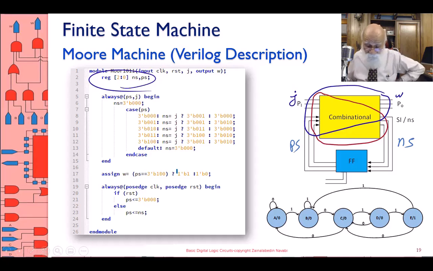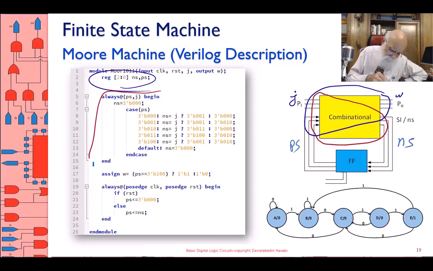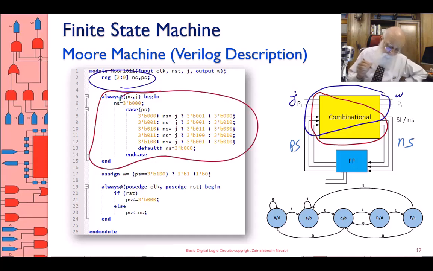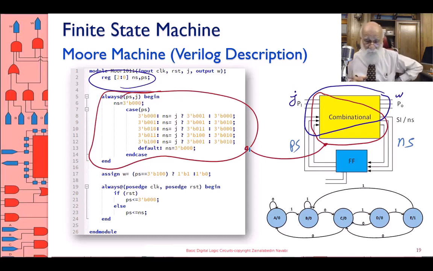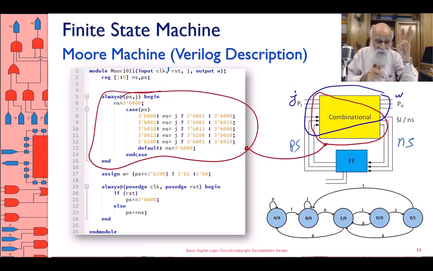Before we go to the flip-flop part, let's do the combinational for the transition. Combinational for the transition is this, which corresponds to this dark red thing. It takes J as input.